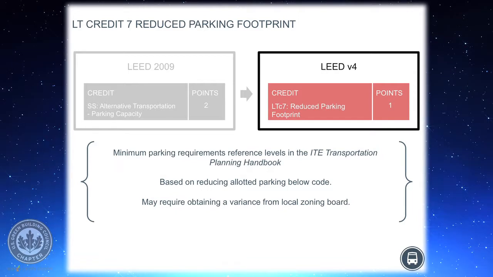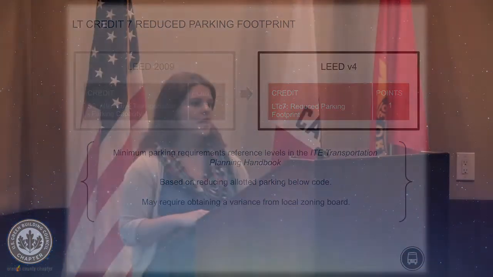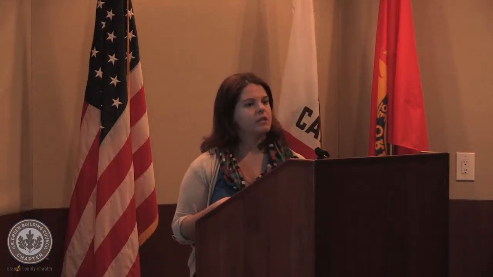And so projects may find that they need to obtain a variance from their local zoning board in order to meet the requirements of this credit. This is definitely one that we're watching very closely with our beta projects to see how truly actionable it is. It's great in theory, but we want to make sure that it is something that's actually driving behavior for our LEED projects. So we will continue to watch this one closely.